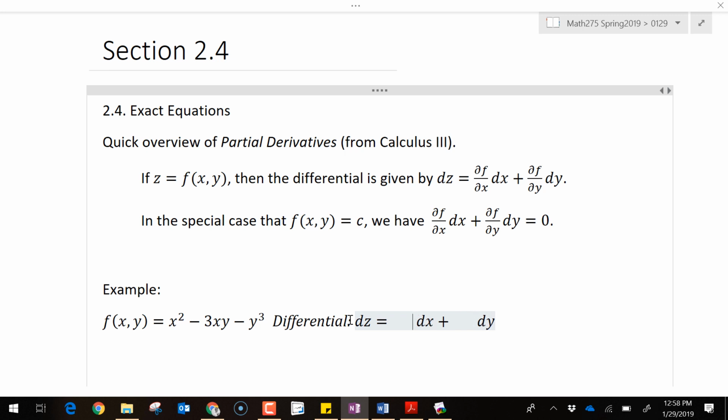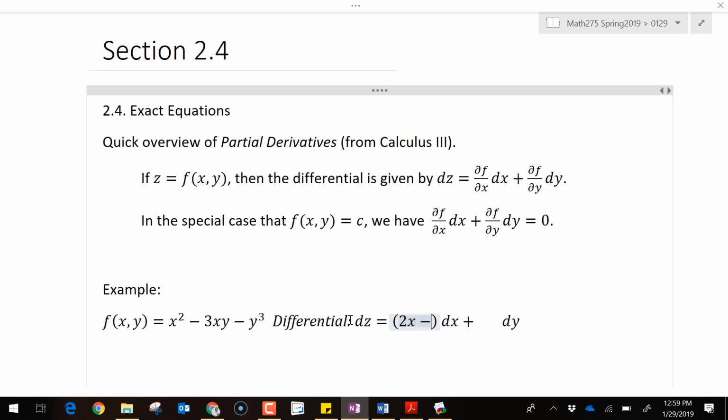So let's actually, since we have the actual function that we can work with here, and again, this is just extra. What's the derivative of this function with respect to x? So the derivative with respect to x is pretending that y is a number. Just treat y as if it was a constant. So you just take the derivative with respect to x.